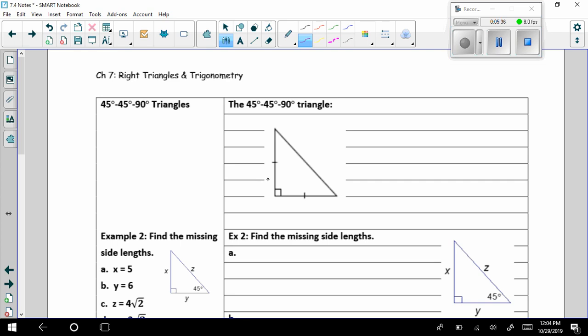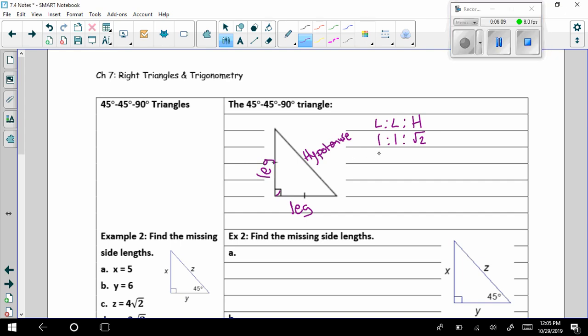Okay, so just labeling this here, we have, again, your leg. We have a leg. This side, always across from your right angle, is your hypotenuse. The ratio for leg, leg, hypotenuse would be 1 to 1 to square root of 2.